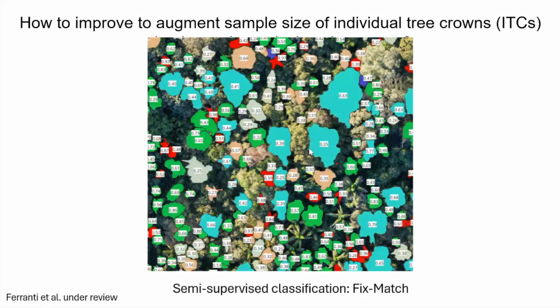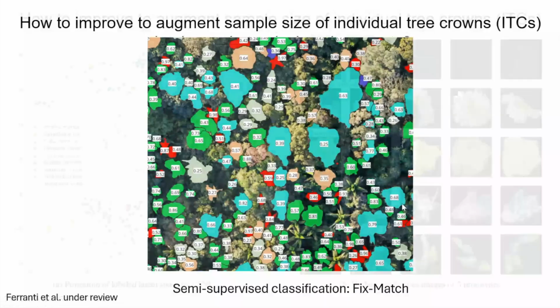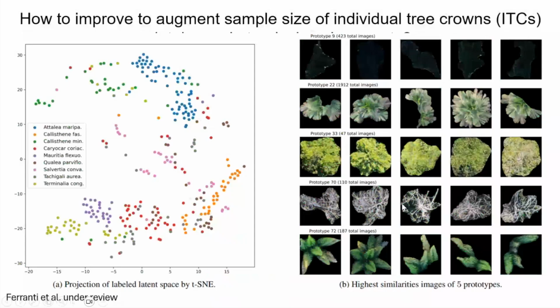And the next step is to try to attribute a threshold or a probability value to each of the clusters. Here we use the FixMatch method. And we got very nice results, showing here the latent space of the SwAV, and we can see that the clusters have a very nice distribution.